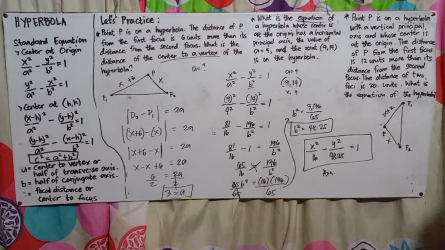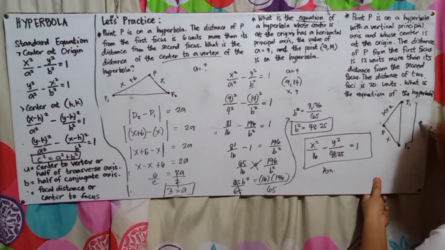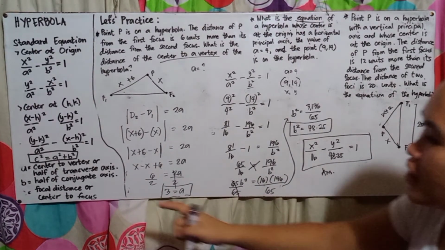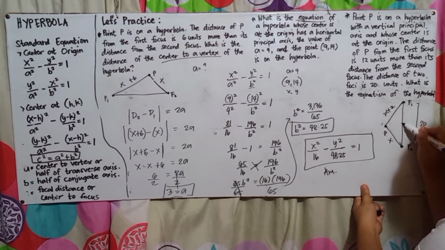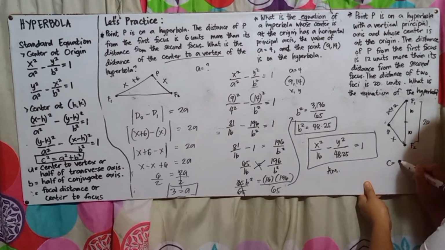The measurement between the foci is 20 units. C is the focal distance from the center to a focus, so the center is in the middle: 10 and 10. So our c is 10.